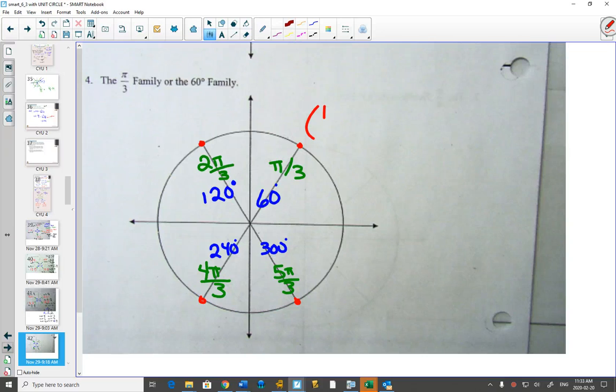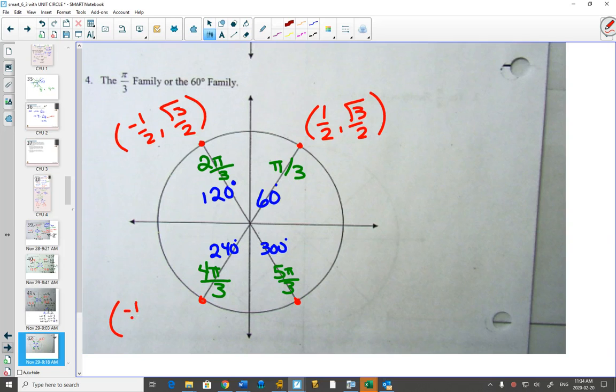All right, check how you did. You get 1/2, root 3 over 2. Negative 1/2, root 3 over 2. Negative 1/2, negative root 3 over 2. And finally, positive 1/2, negative root 3 over 2.